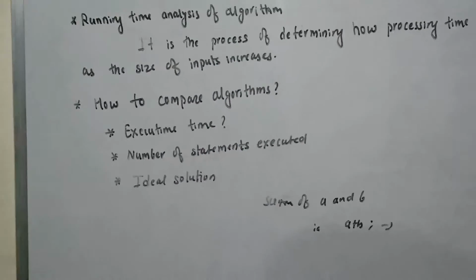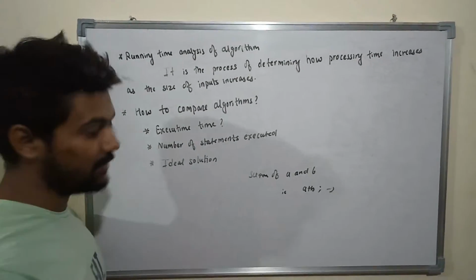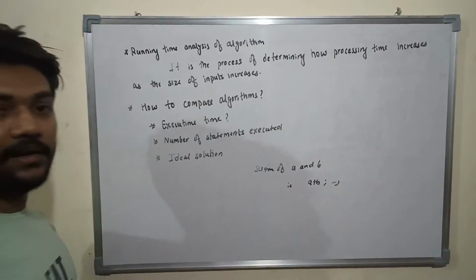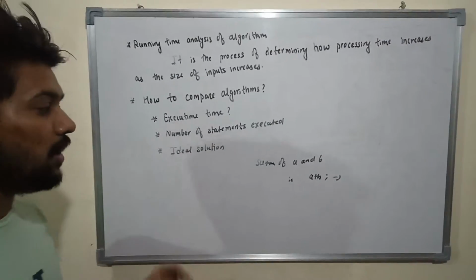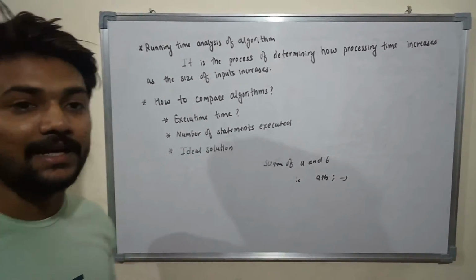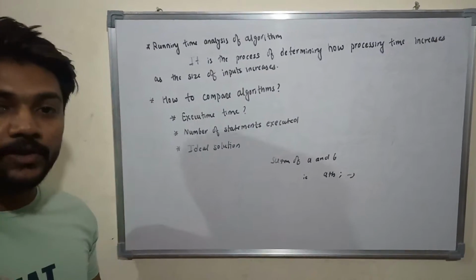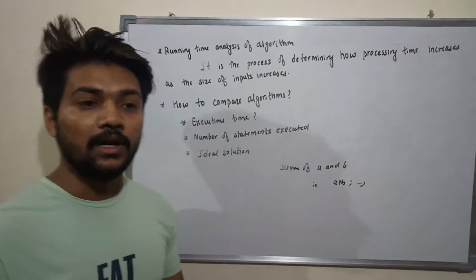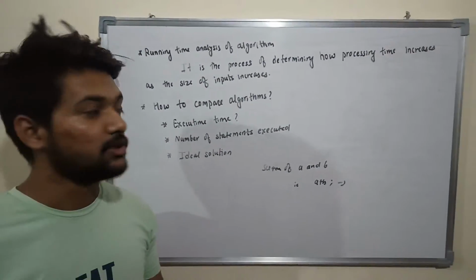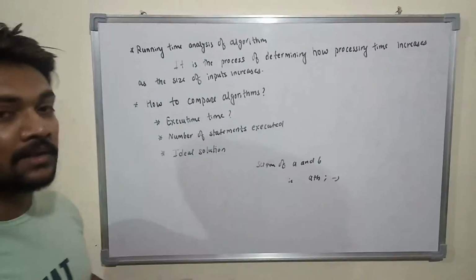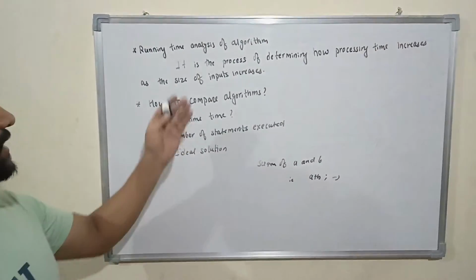Another example I would like to give is to find the sum of all the numbers that are entered by the users. Then that will surely depend on the number of inputs entered by the user. So that will directly depend on the size of the inputs.